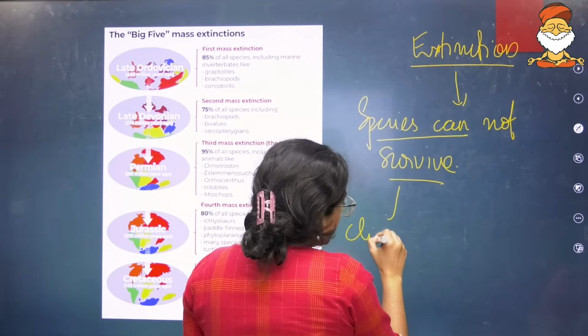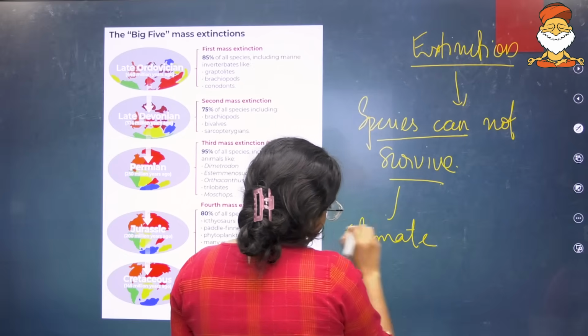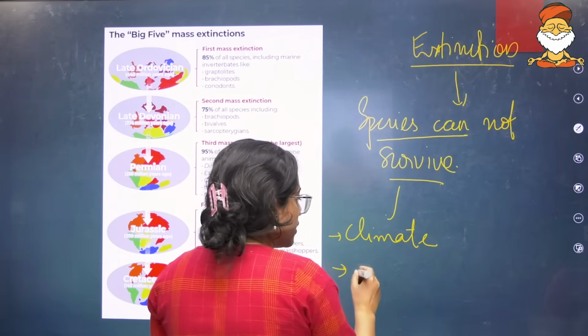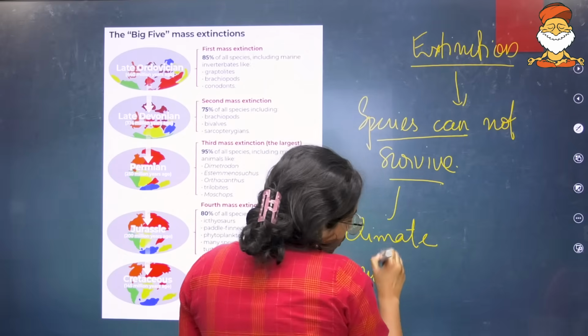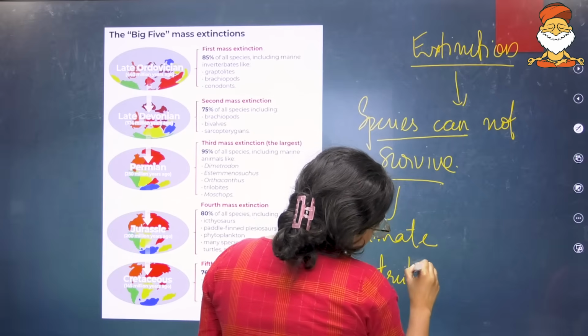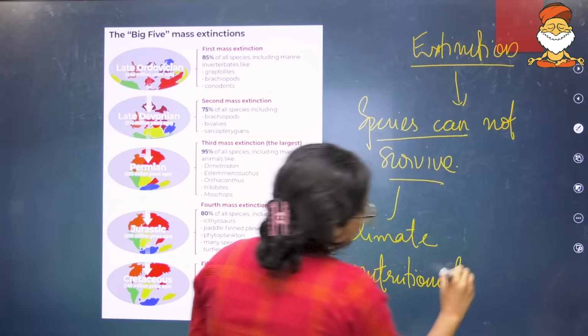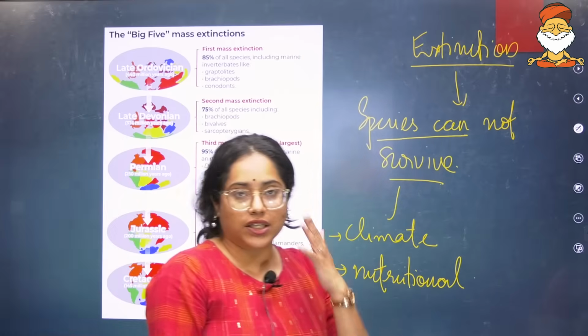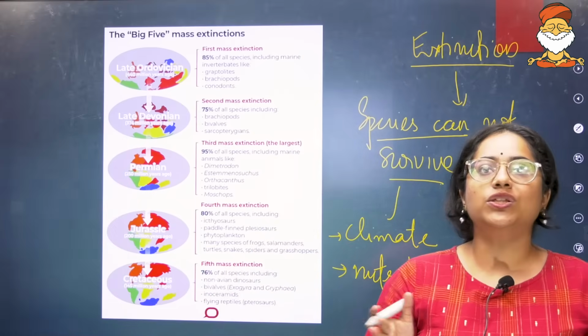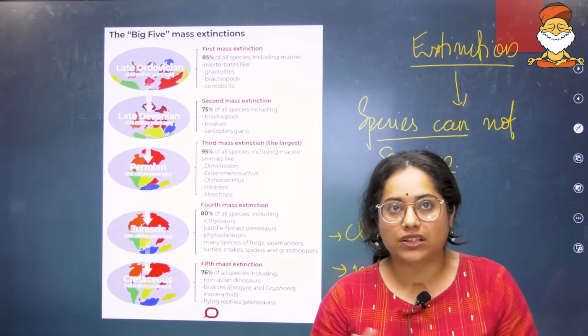It can be climate, it can be different, maybe some nutritional content is not served. Okay, because of any of these things, if it is not happening, you can get extinct.